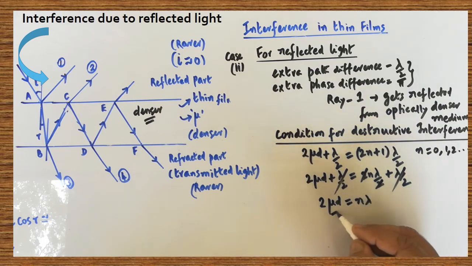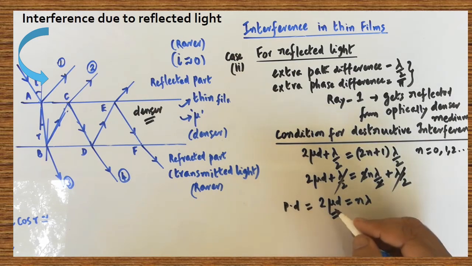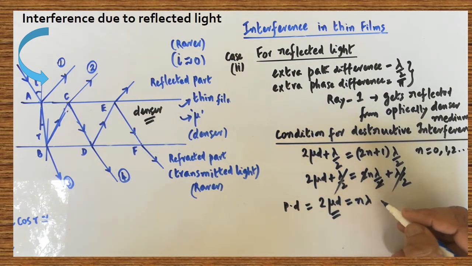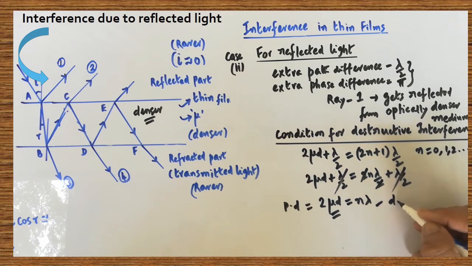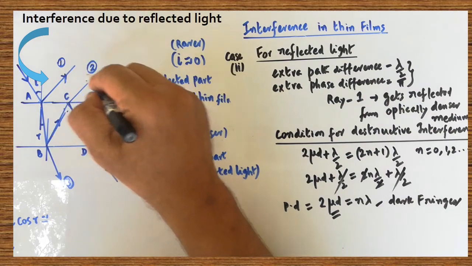So finally, if the path difference, 2 mu d, is equal to n lambda, we are able to observe which kind of fringes? Dark fringes can be observed. That is because of destructive interference between the rays 1 and 2.